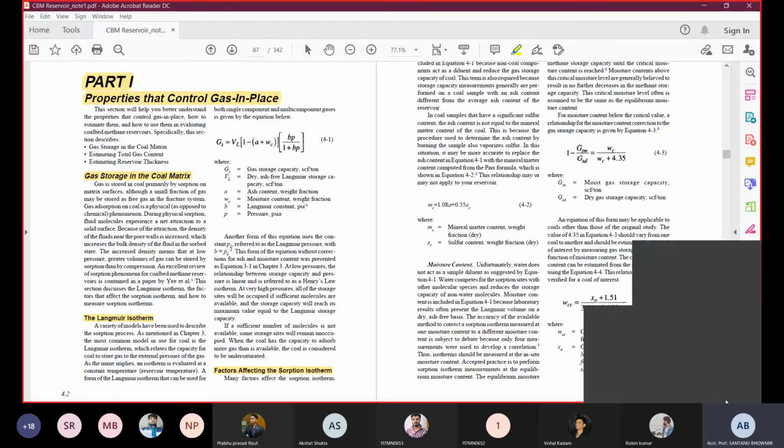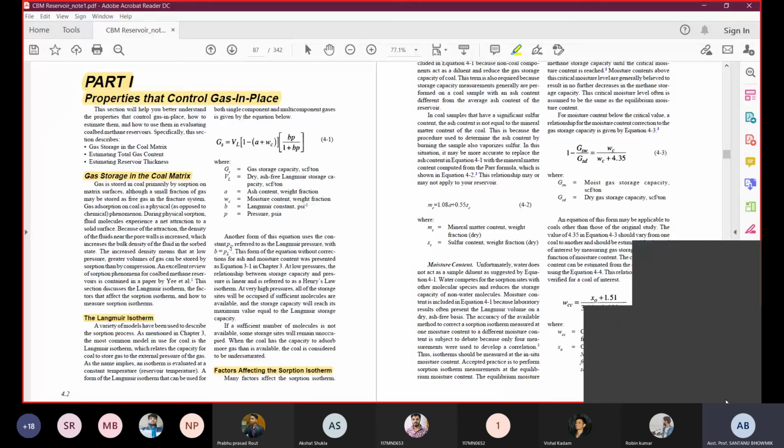Then small b is the Langmuir constant, which is the inverse of the Langmuir pressure. And small p is the reservoir pressure. Whereas a and wc, a is the ash content and wc is the moisture content in weight fraction, that means on a percentage basis. Suppose you are not going to express this on a DAF basis, then you have to remove all the elements within the third bracket.